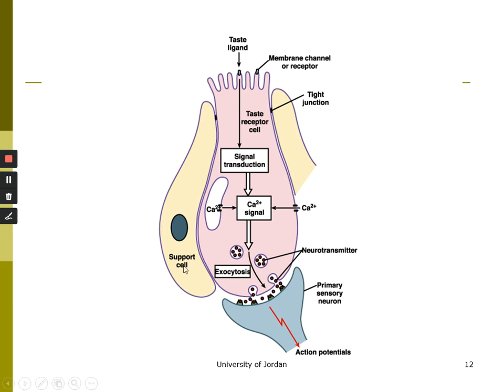Sometimes there are different mechanisms, but generally, when the taste ligand binds to its membrane channel receptor, one of the mechanisms is an increase in intracellular calcium by opening voltage gated calcium channels.